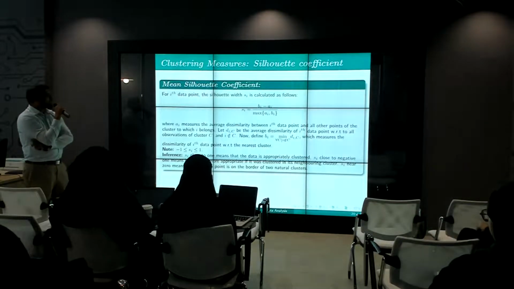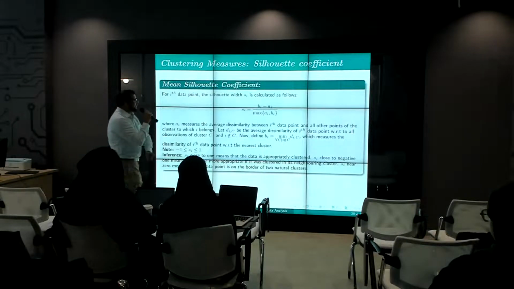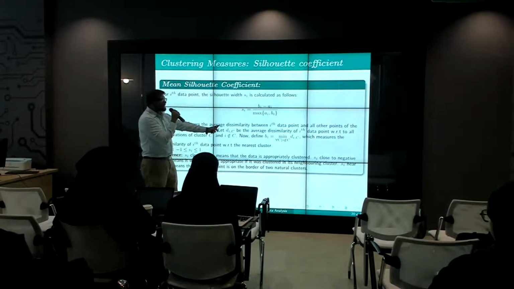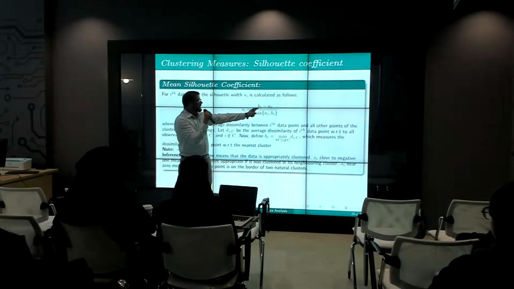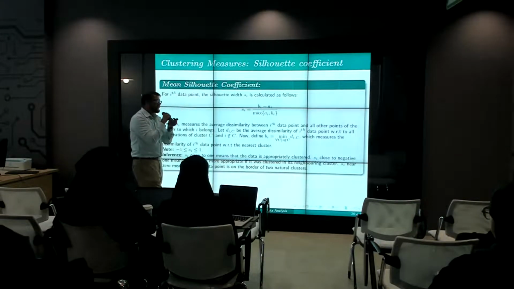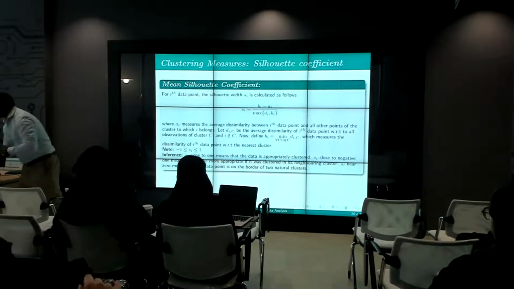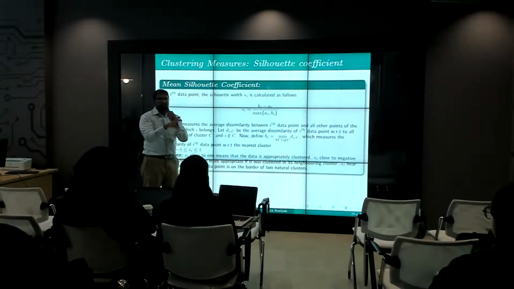Now the approach to calculate the Silhouette coefficient. What it's trying to do is calculate the difference between average dissimilarity, which is captured by a_i, and then b_i, which is how good this point is with respect to nearby clusters. So let us say you have a new clustering for the data.